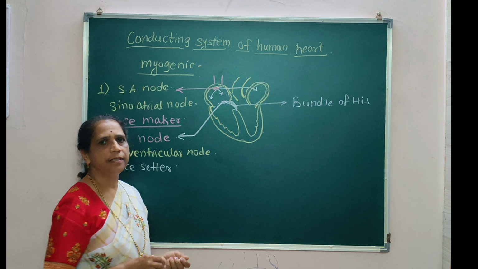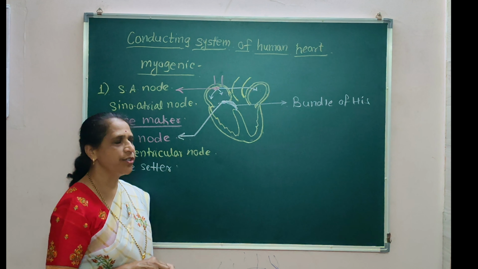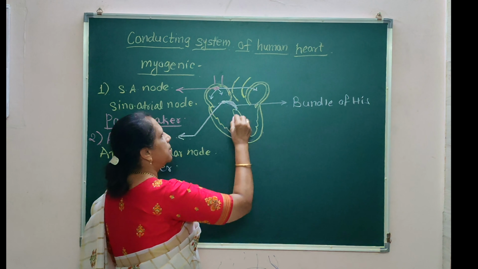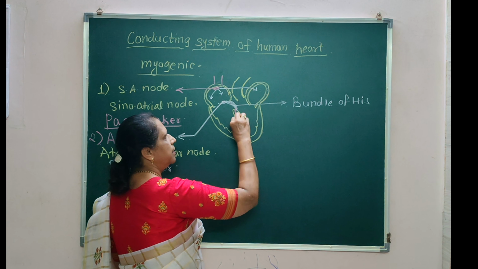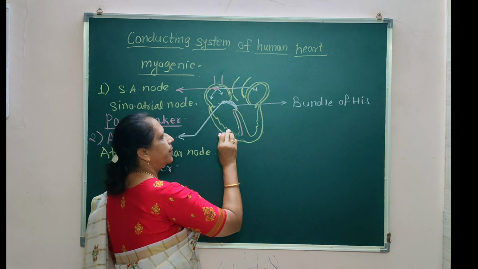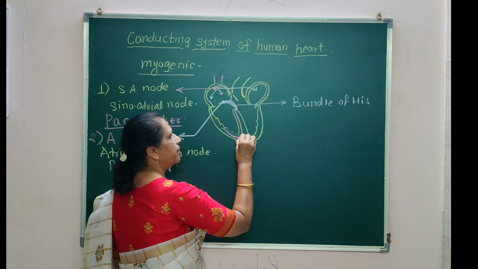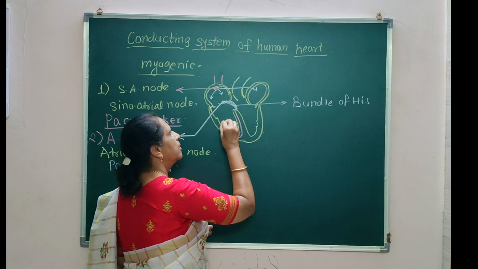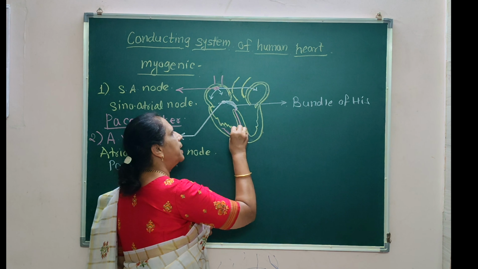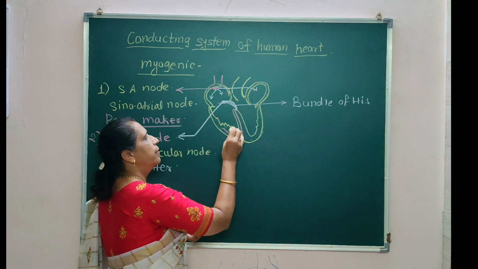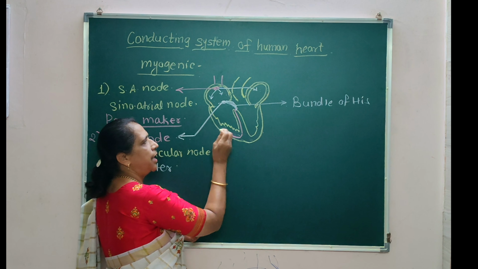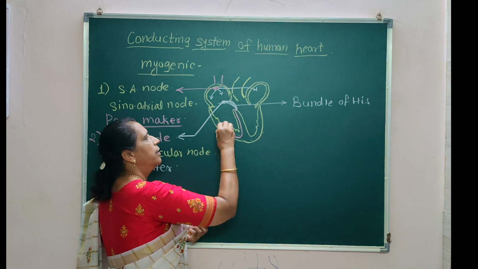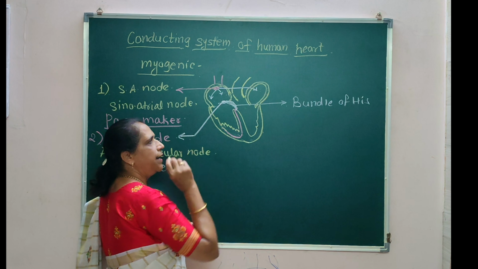The bundle of His then divides into two branches, the right bundle of His and the left bundle of His. The right bundle of His transmits impulses to the right ventricle. This wall is the right ventricular wall. Here the bundle of His ends.